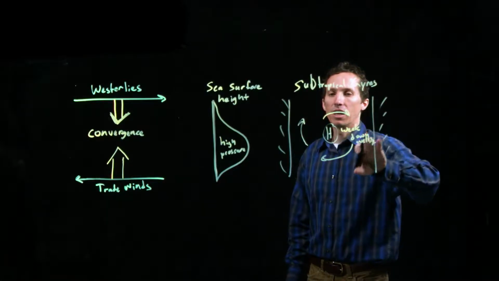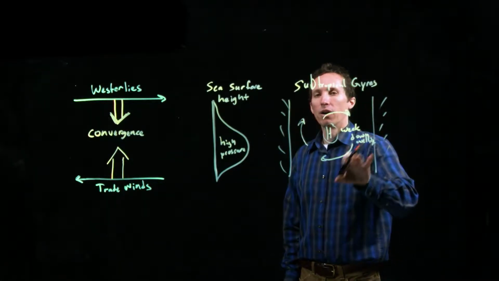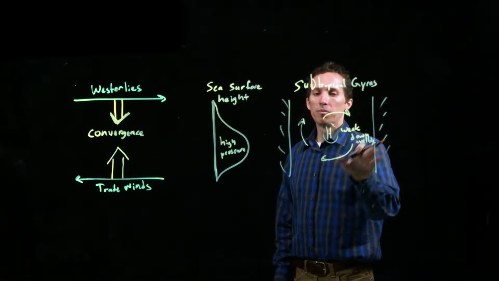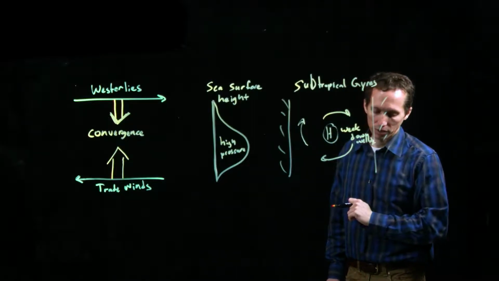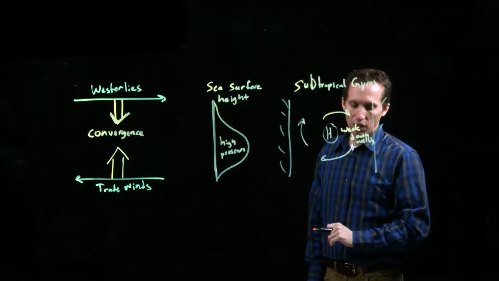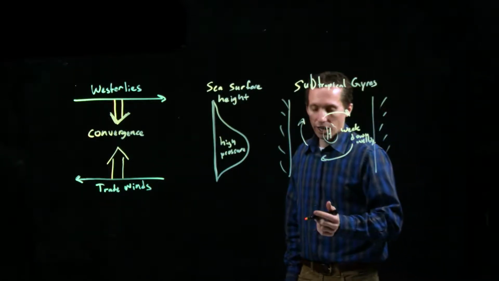This circulation around the high pressure ridge, this clockwise circulation, is the driving structure of what happens in the subtropics.